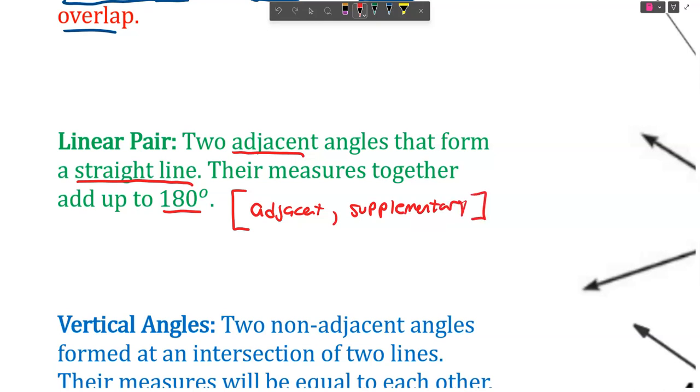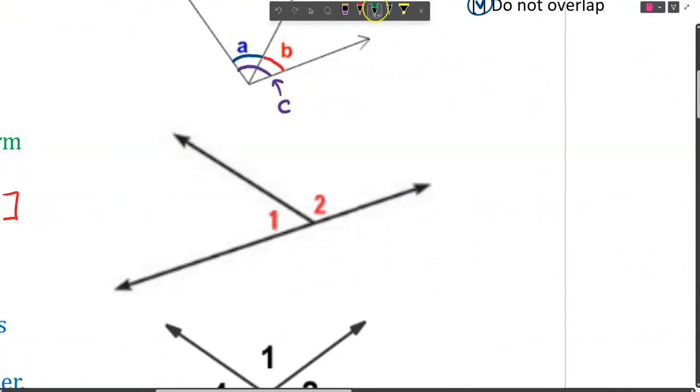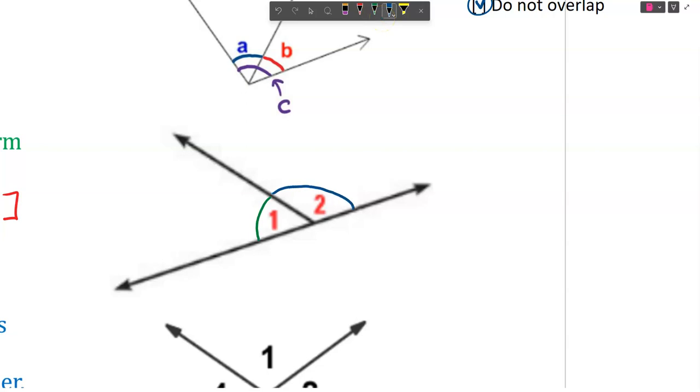Let's take a look at this drawing over here. We have angle 1, which is right here, and then we have angle 2 off to the right. They're adjacent because they share that side in the middle and a vertex, and they don't overlap. When I form the blue and the green together, they form a nice straight line. That straight line measures 180 degrees.